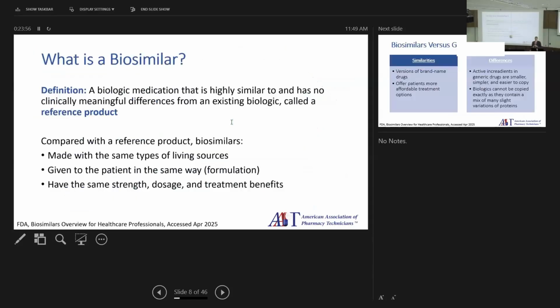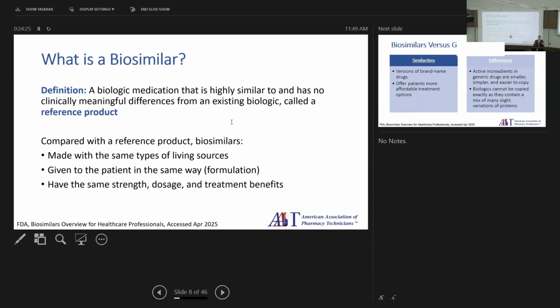So if a biologic is a medication which is derived from a living source, what's a biosimilar? Well, a biosimilar is essentially the generic form of the original biologic. So it is the atorvastatin to the brand name Lipitor. So a biosimilar is a biologic medication that's highly similar to, so not exactly the same as, but highly similar to, and has no clinically meaningful difference from an existing biologic, which would be a reference product.